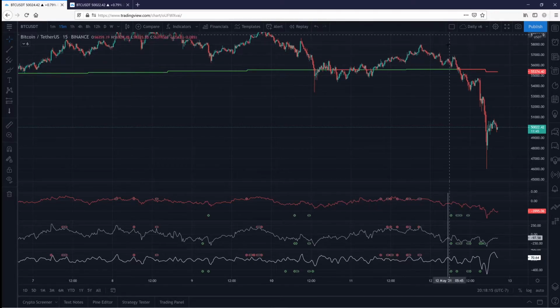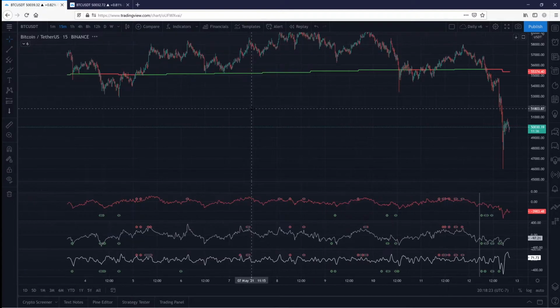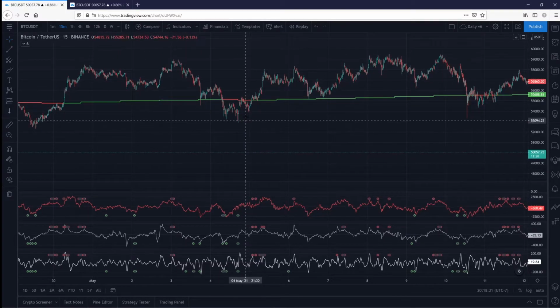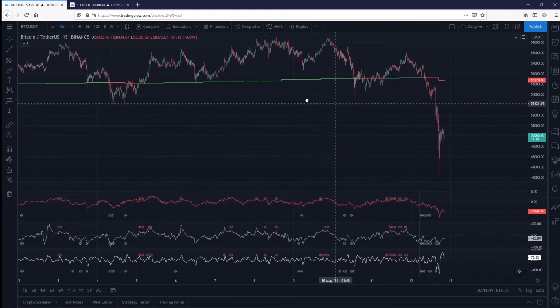It didn't bust up to new highs or anything like that, and then just fell out once we had a bearish divergence trigger. There was another one back here. This one did trigger bullish divergence, and it gave us a longer sustained period before bearish divergence took over and killed the price.